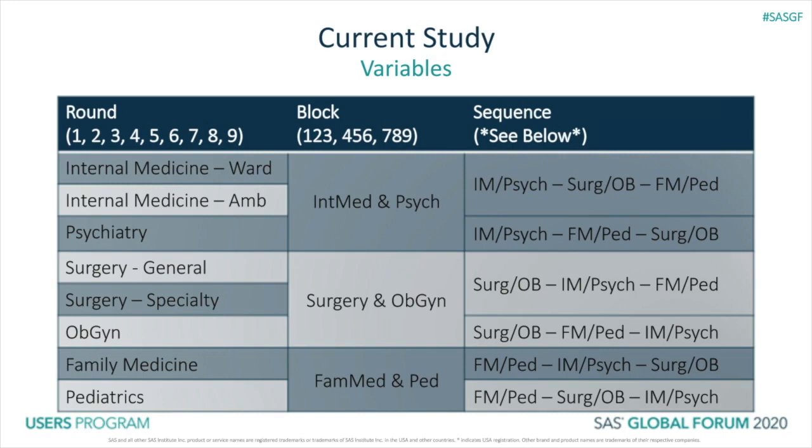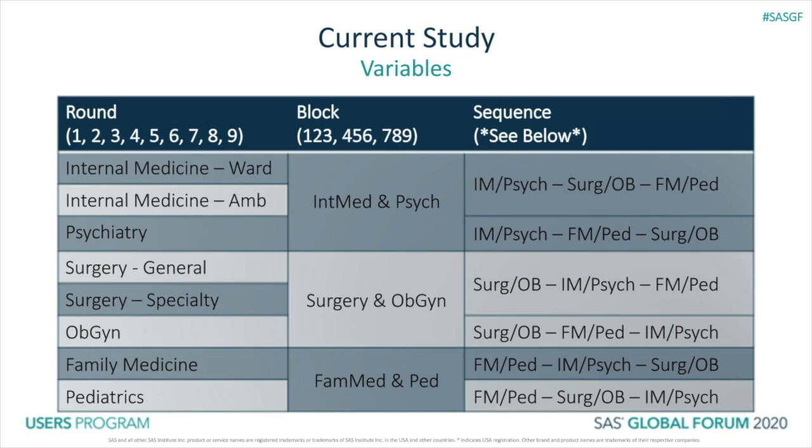I then chose to have internal medicine and psychiatry be the second block, with the assumption that having internal medicine as close to surgery as possible would be the most beneficial, which left family medicine and pediatrics to be the first block that a student would go through. So they would first go through family medicine, pediatrics, then internal medicine and psychiatry, with the result of surgery and obstetrics and gynecology. And then, of course, the rest of them behind it kind of fell in order as to how far in surgery and obstetrics was, and internal medicine and psychiatry.